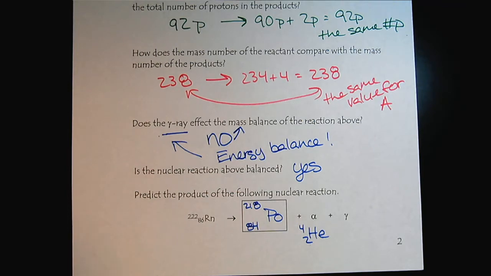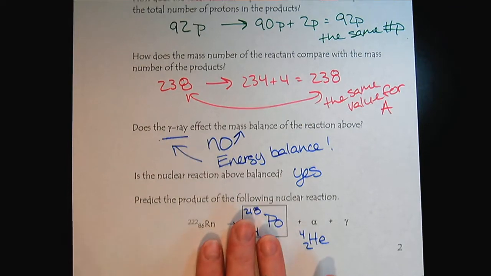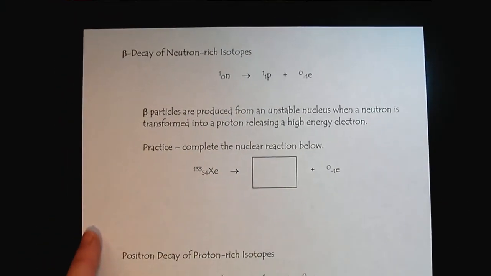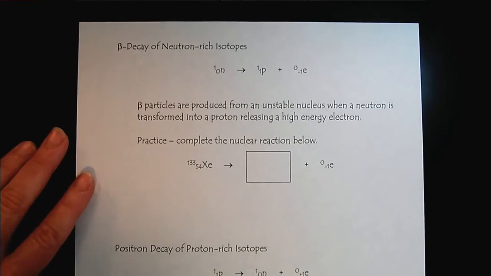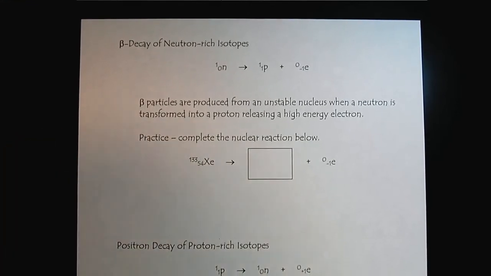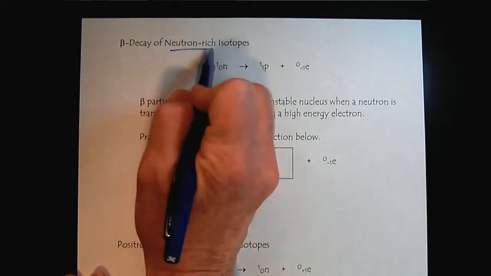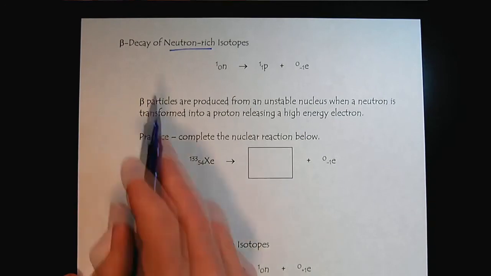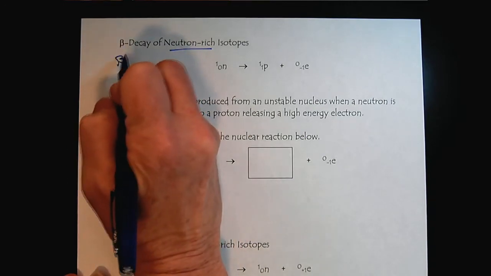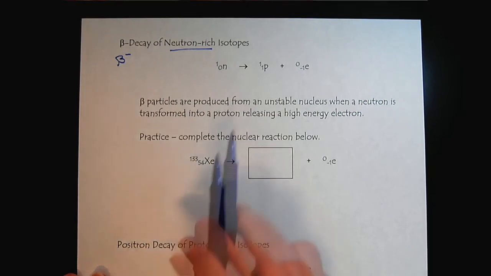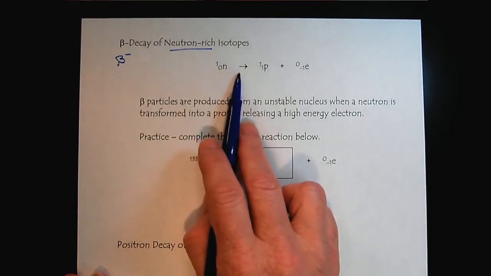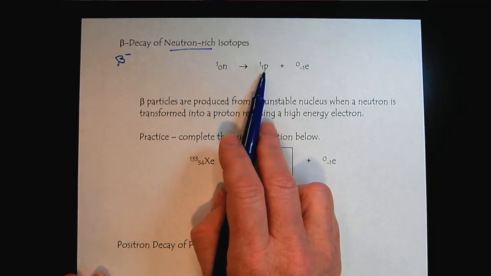Okay, now we'll look at beta decay and positron emission. We'll start with beta decay, and this happens when we have a neutron-rich nucleus. It's interesting, the beta particle, we could think of it as having a minus, though it's typically not written. So we have a neutron, and it is going to convert into a proton.